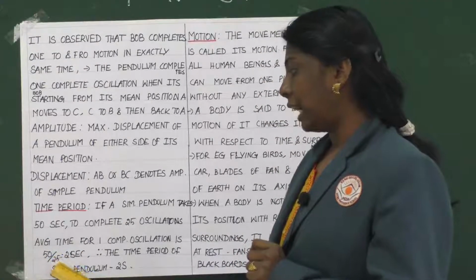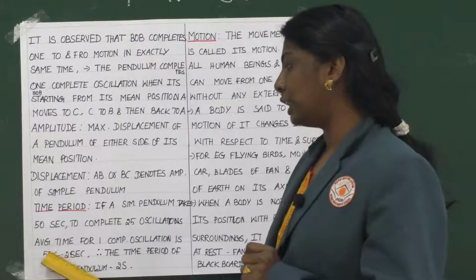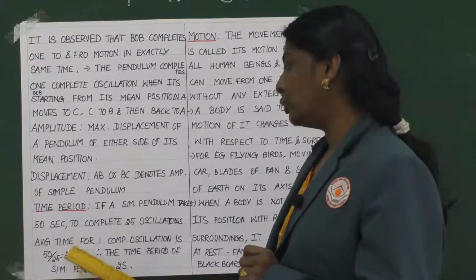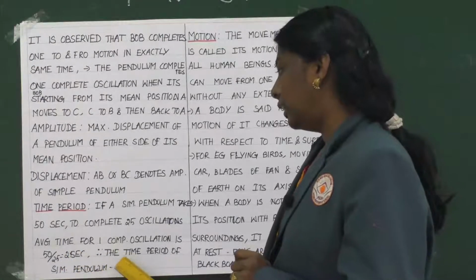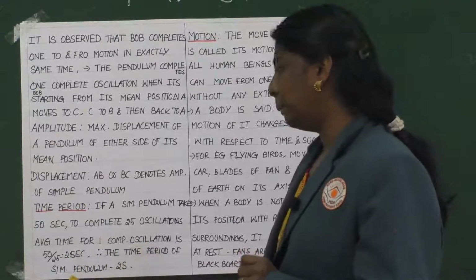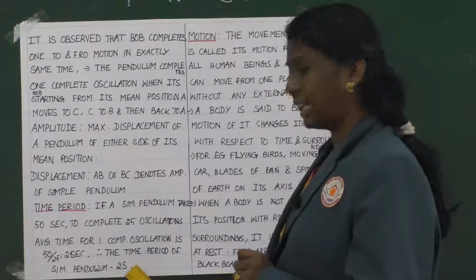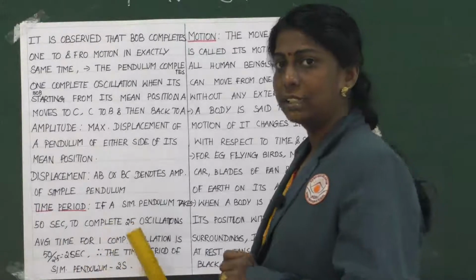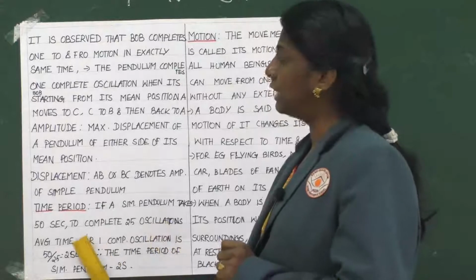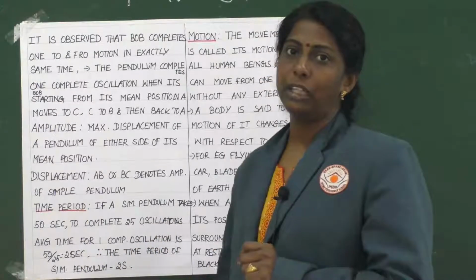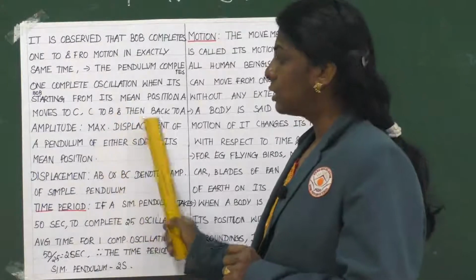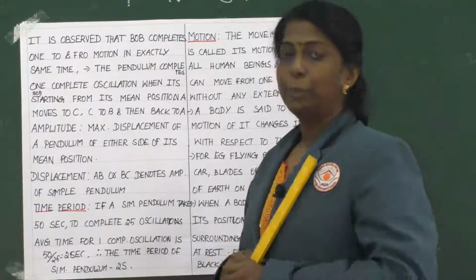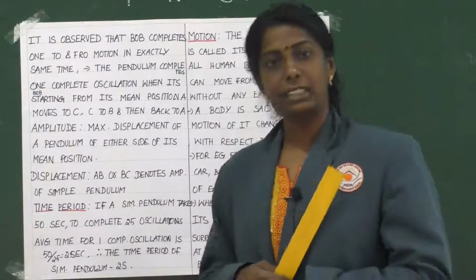So the average time for one oscillation is 50 by 25, that is 2 seconds. Therefore, the time period of the simple pendulum is 2 seconds. However many times it has oscillated, we can calculate the time exactly. So this is also a simple pendulum which is used to measure time.